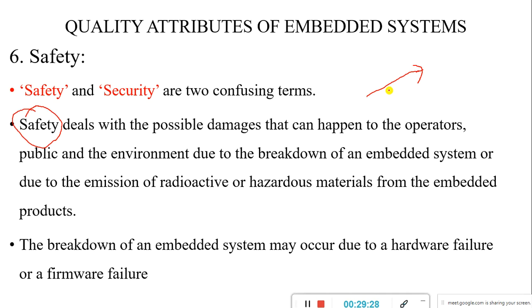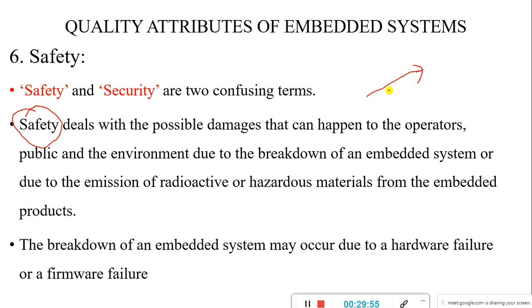So breakdown of an embedded system may occur due to a hardware failure also, or firmware, which you can consider a software failure also, right? So we need to provide the safety for the hardware systems so that they will not fail due to hardware failure or firmware failure.